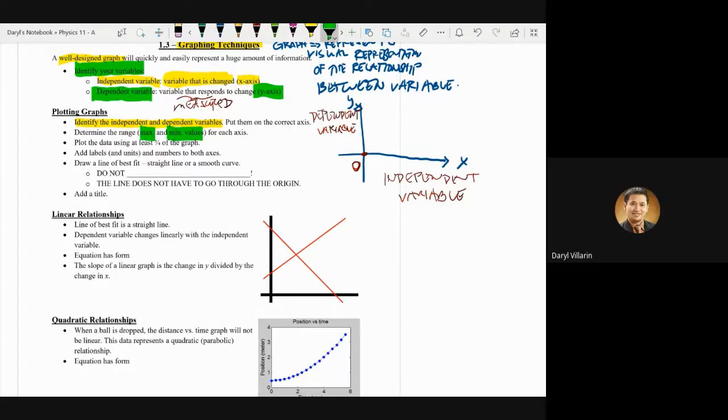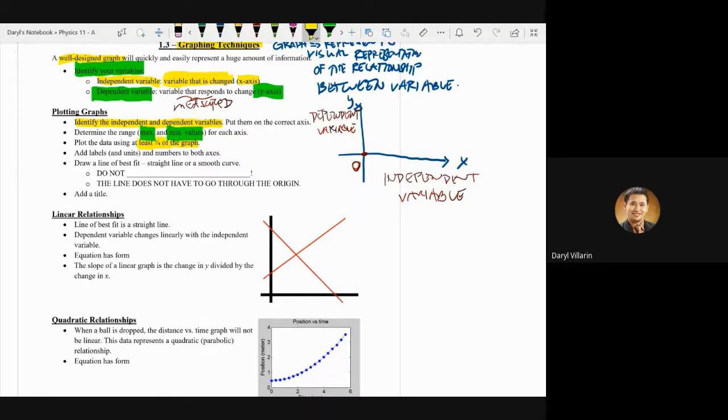And since a graph is a visual representation of the relationship between the two variables that you are examining, in my example distance and time, you need to make a graph that is big enough. That is why it is advisable to use at least 3/4 of your graphing paper.